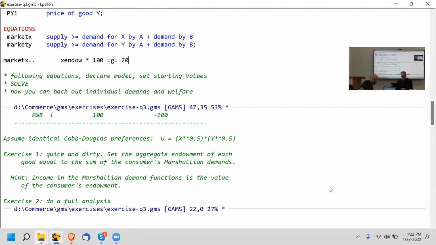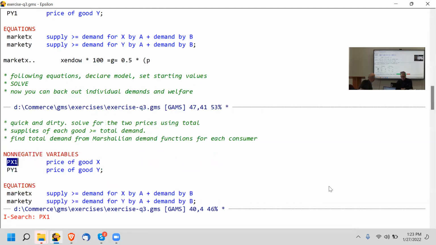I guess it's going to be equal to 200, that's the total endowment. It's 0.5 times 200. The consumer endowment is going to be px1 times 100 plus px2 times 100, divided by px1.